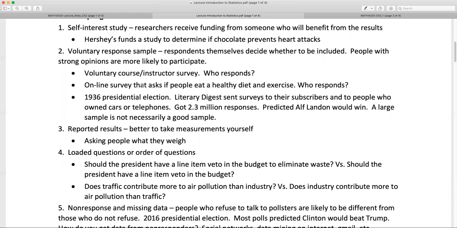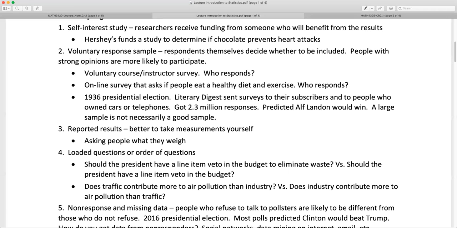The next one is an online survey that asks if people eat a healthy diet and exercise. Who is going to respond?